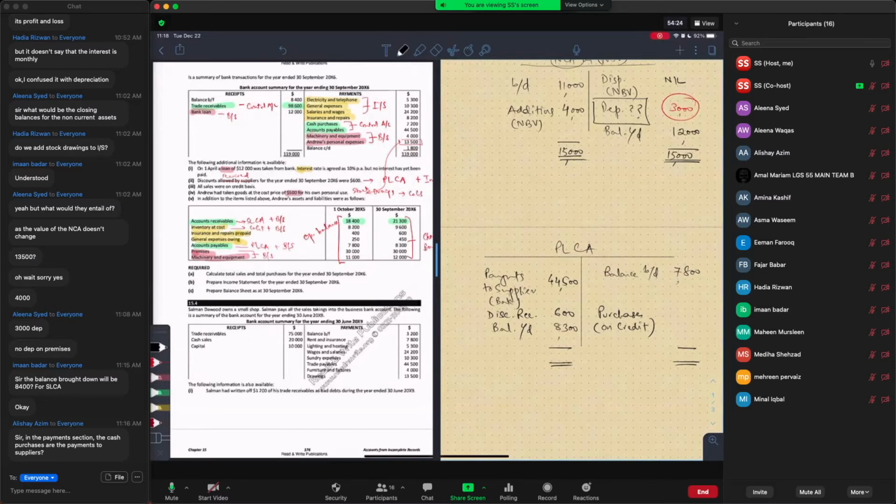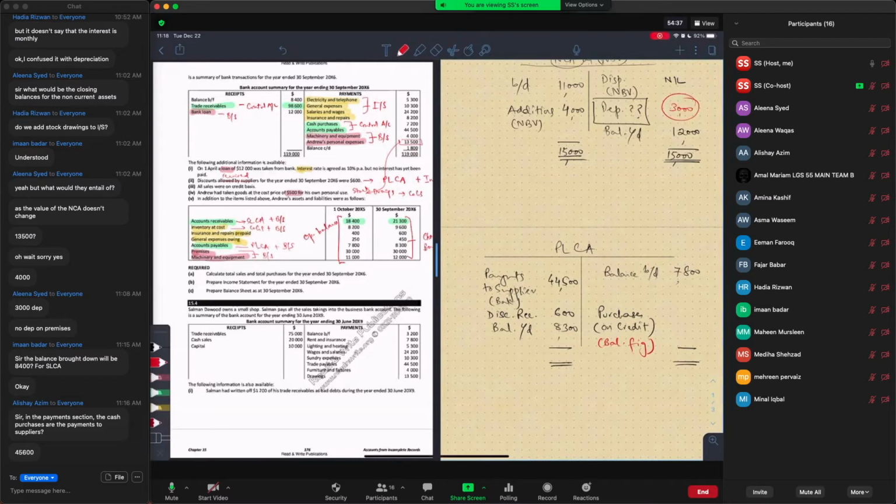This is going to be your balancing figure, right? So you will balance this account and find the balancing figure as the missing value of the purchases on credit. If you have any disagreement on any of the values I placed on the purchase ledger control account, let me know.